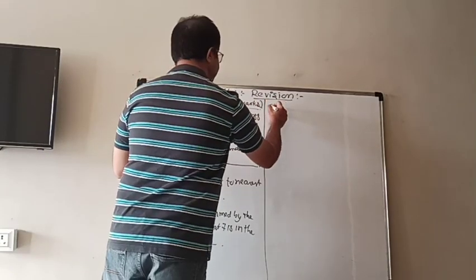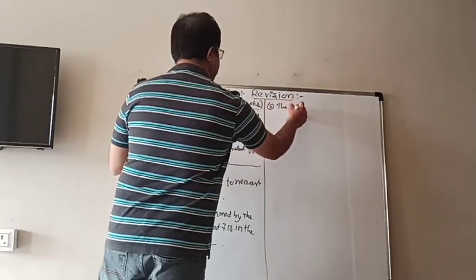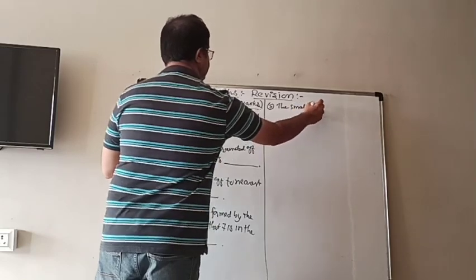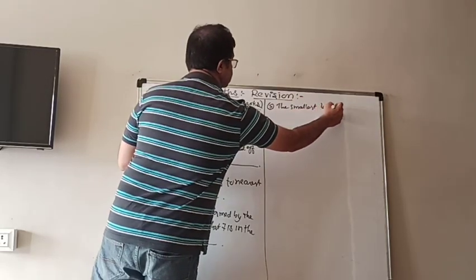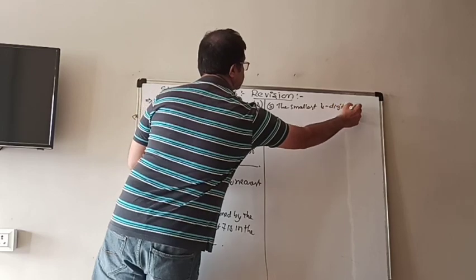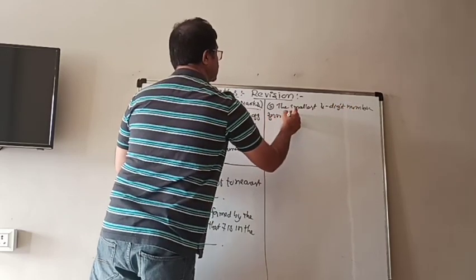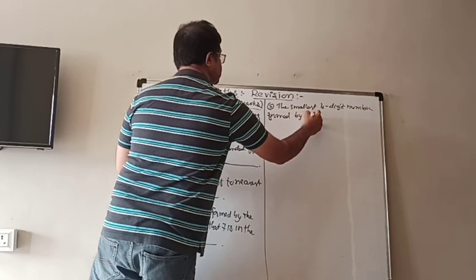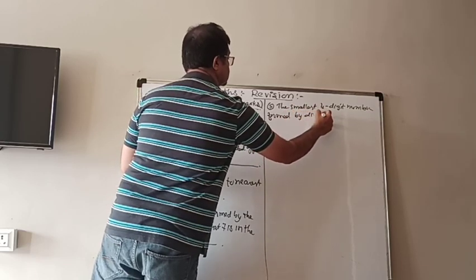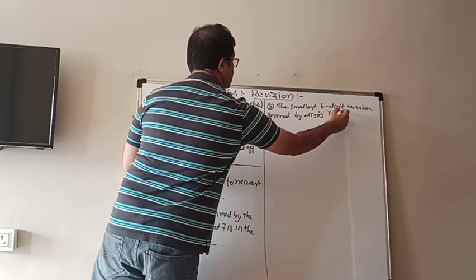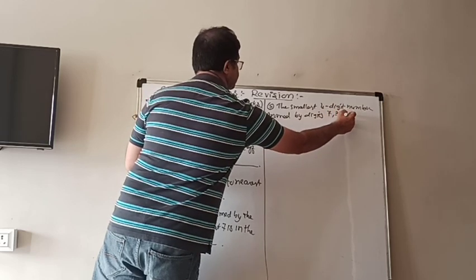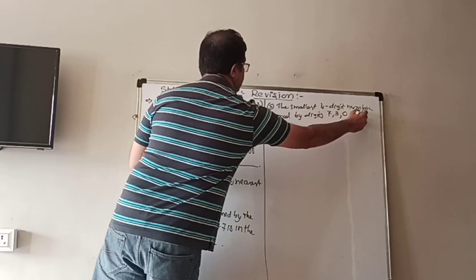Next one. The smallest 4-digit number formed by digits 7, 3, 0, 5 is.